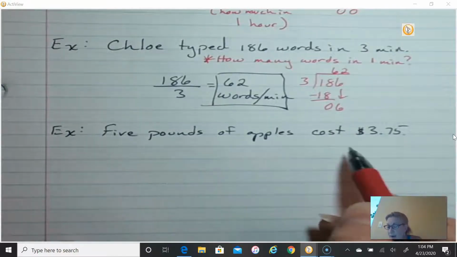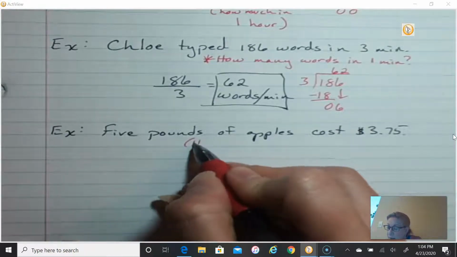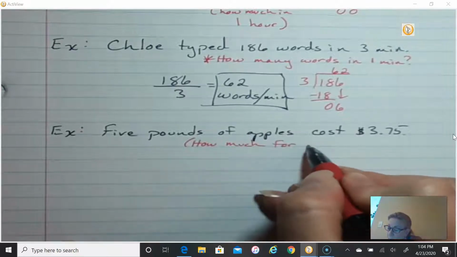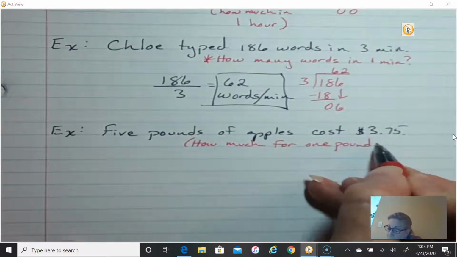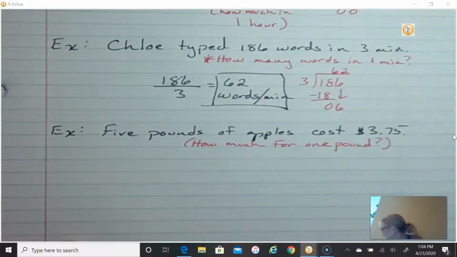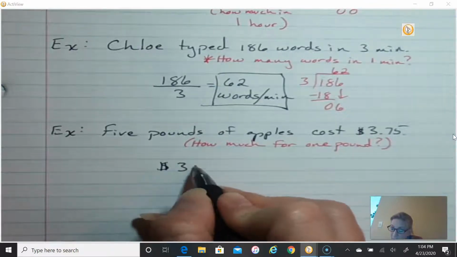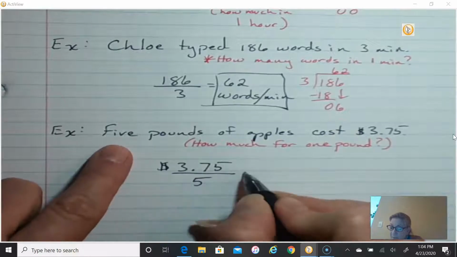So for 5 pounds, 5 pounds of apples cost that much. How much for 1 pound? That's what they're asking. And again, you would divide $3.75 by 5.